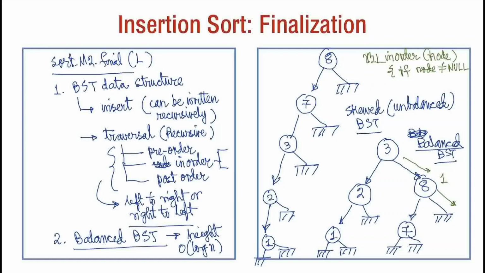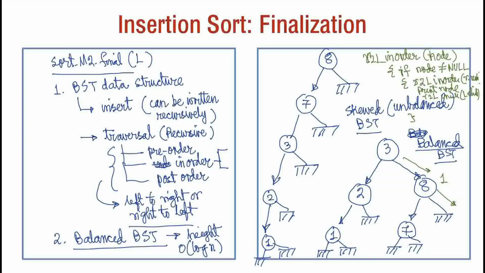If node is not equal to null, then we do the following. We do a right to left in-order of the right of the node. Then we print the node, and then we do a right to left in-order of the left child. So this is how we do it.